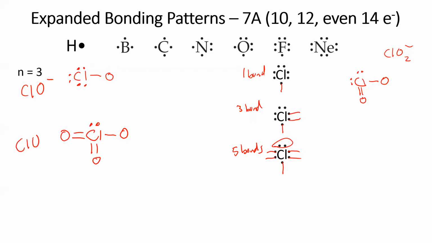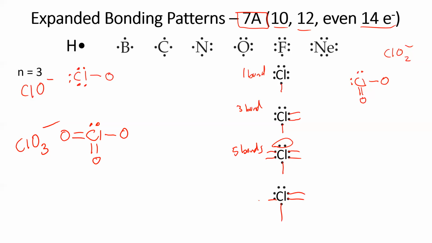Oh, you mean the oxyanion chlorate? And then don't forget, this is group 7A. So it can go even beyond the 10 and 12 hypervalency that we tend to mostly see, and even go up to 14.